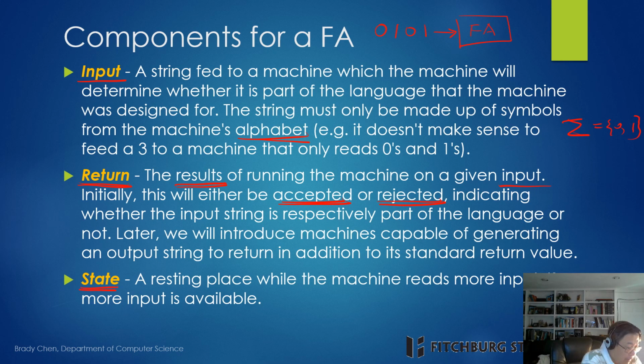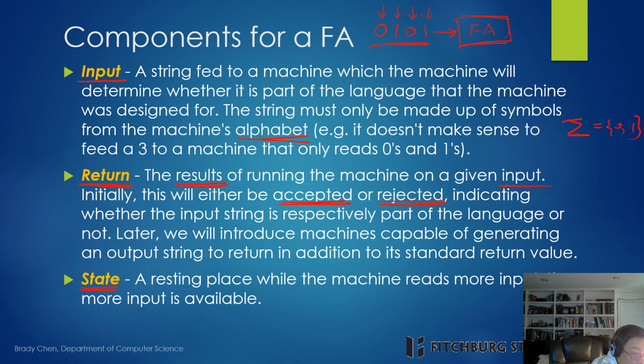The other component is a state, right? State is a resting place while the machine reads more input. So once the input is fed to the finite automata, it is going to read each of the input symbols.